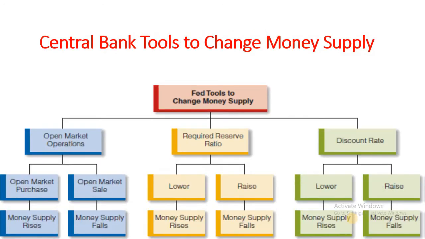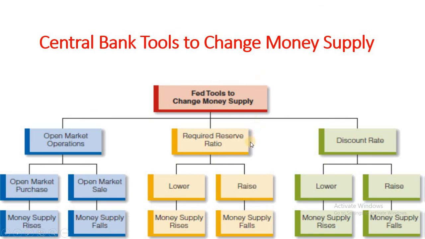Let's look at how the tools of the central bank can change money supply. First of all, open market operation. If the central bank is involved in open market purchase, it will increase money supply. And if the central bank is involved in open market sale, it will decrease money supply.